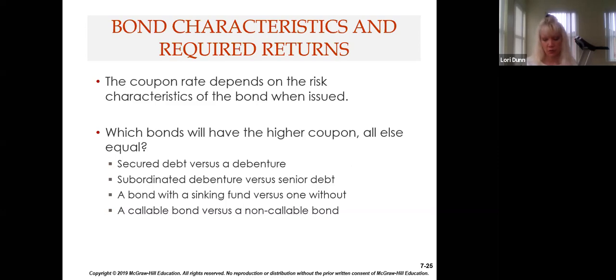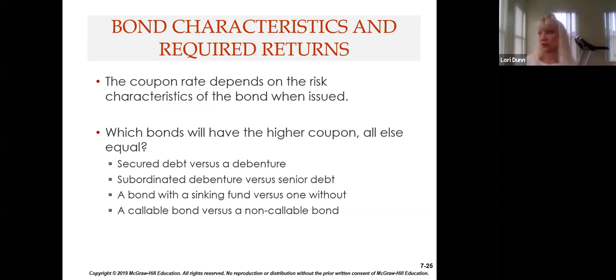Just so we know, the day an entity decides we need to raise money, we need to sell a bond or a bunch of bonds, from a corporate perspective, it's the board of directors that gets together and decides this. They ask, how much money do we want to raise? And they come up with a dollar amount. They could have gone to the bank, but they decided, no, we want to sell bonds.